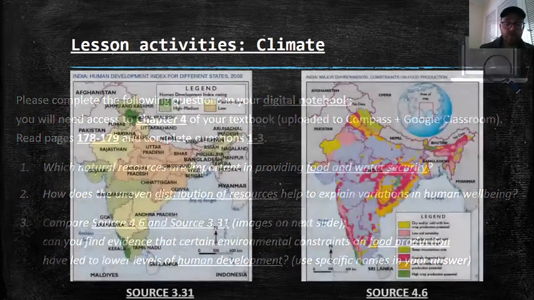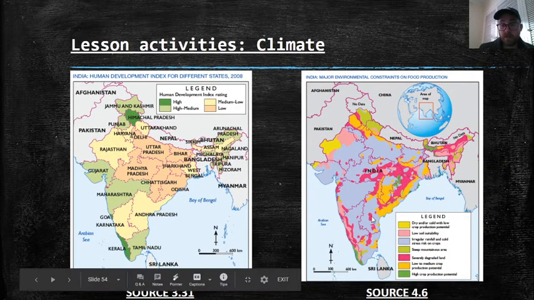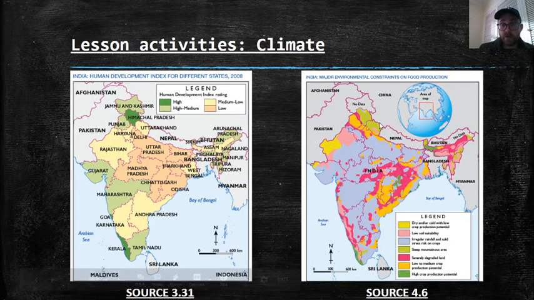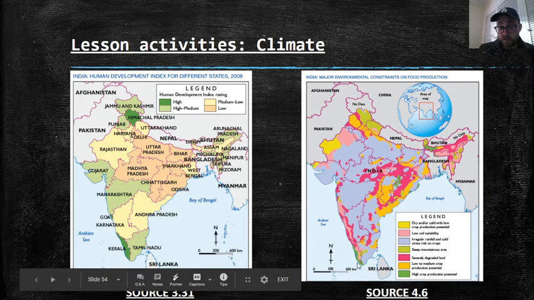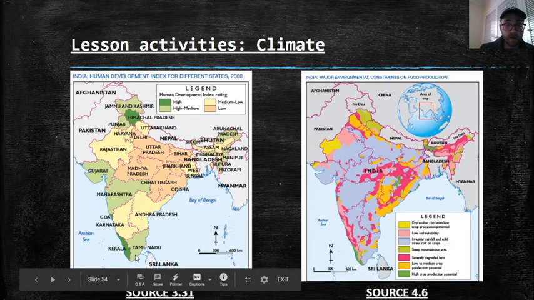So when you get these compare questions, what you really need to do is find the highs and the lows. So in this part of India, so in Kerala, we can see that they've got very high human well-being. And then using this map, I can see coincidentally that in this region of India, high crop production. So you can grow a lot of food in that part.